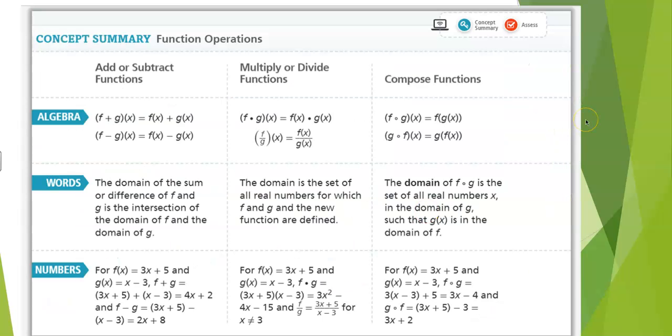A whole section of 5.5. Adding and subtracting functions looks like this. Multiplying and dividing functions looks like this. And composing functions, making composite functions looks like this. So you need to be able to read and interpret what we're saying when we have these symbols that we're using. Here are the words that go with them, and here are some examples down here.